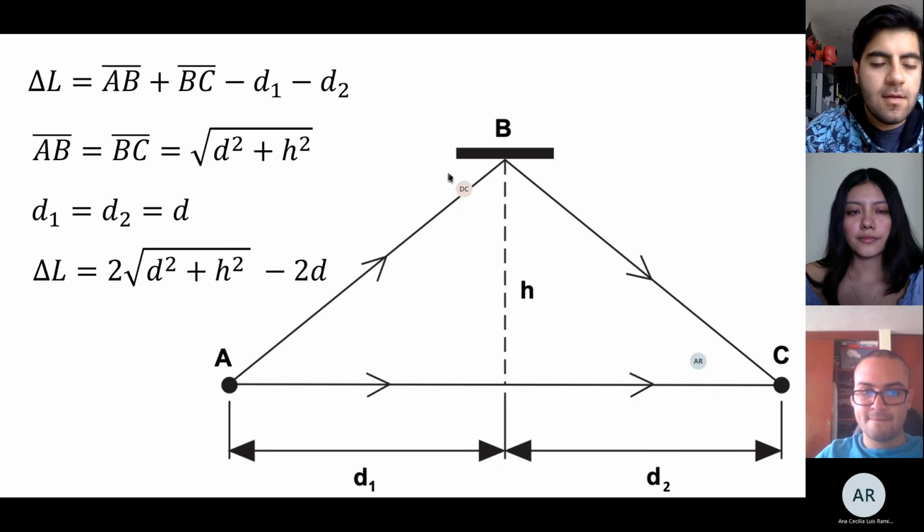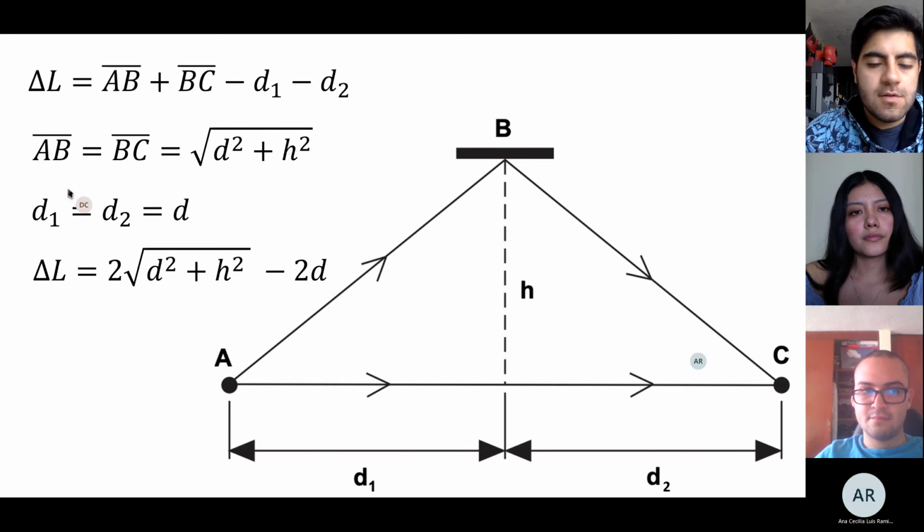So the optical path difference would be the line between A and B plus the line from B to C minus the distance from A to C, well, the goniometer. But as I said, the distances from the transmitter and the receiver to the goniometer are the same. So D1 and D2 are considered D.